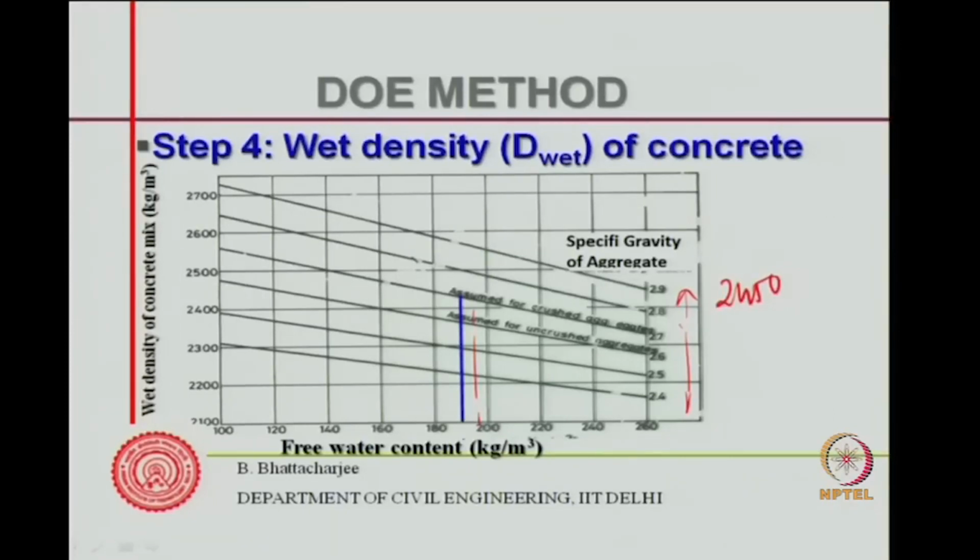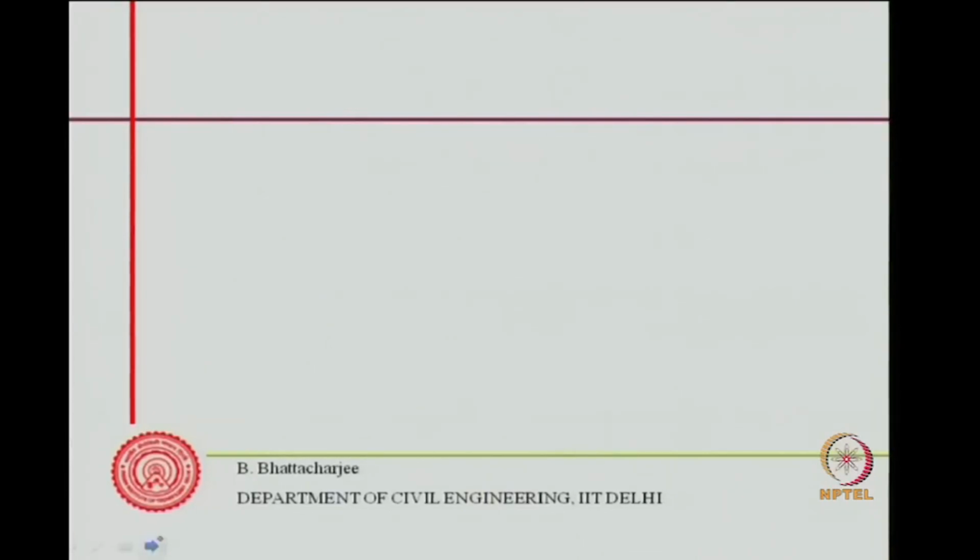So for example, mine was 190 or 195, and this was my specific gravity, let us say. Then the wet density will be somewhere around 2450. Just for an example, supposing this is 190, and this is the crushed aggregate, and so on, and you are getting 2450.